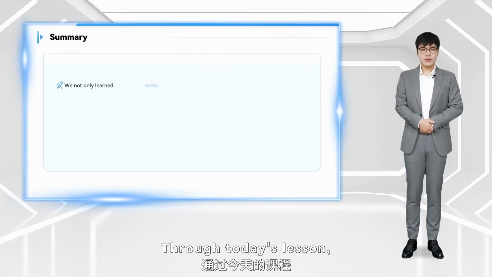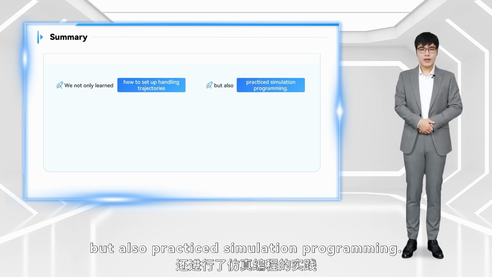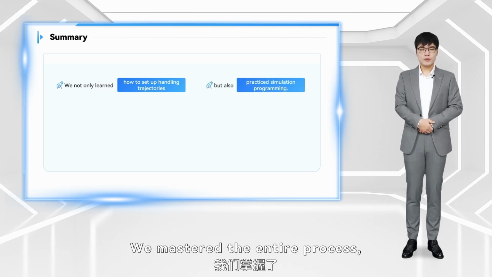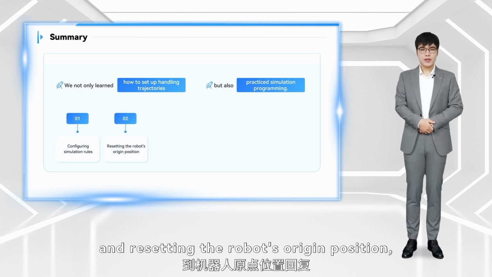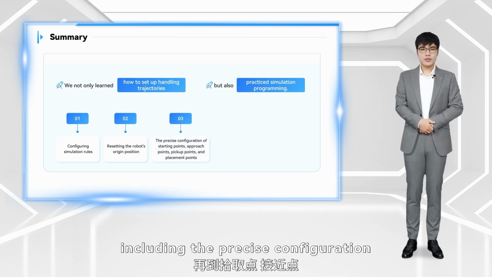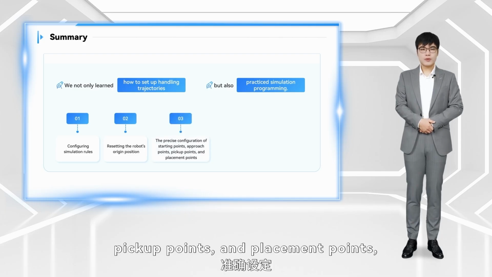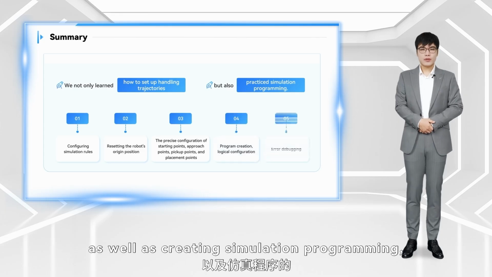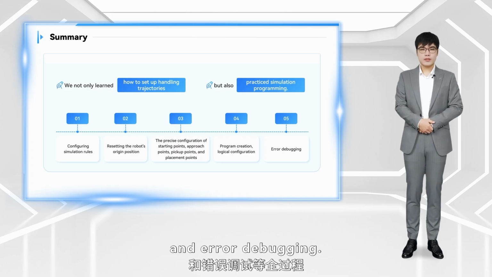Through today's lesson, we not only learned how to set up handling trajectories but also practiced simulation programming. We mastered the entire process, from configuring simulation rules and resetting the robot's origin position, including the precise configuration of starting points, approach points, pickup points, and placement points, as well as creating simulation programming, including program creation, logical configuration, and error debugging.